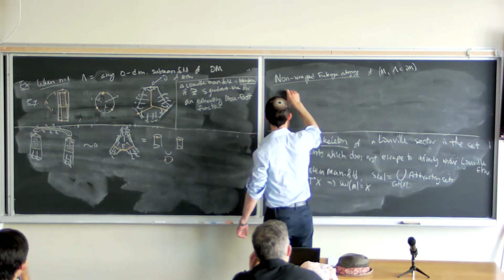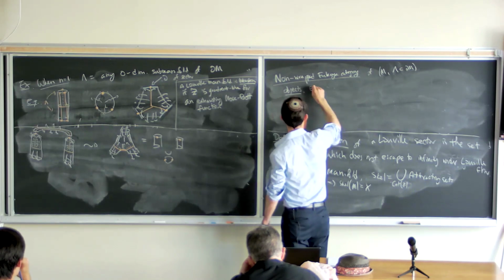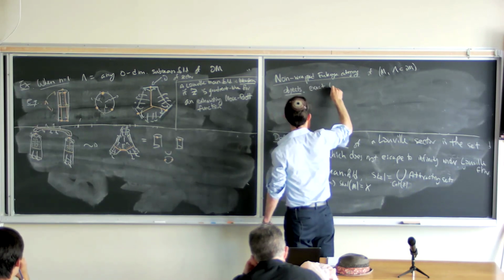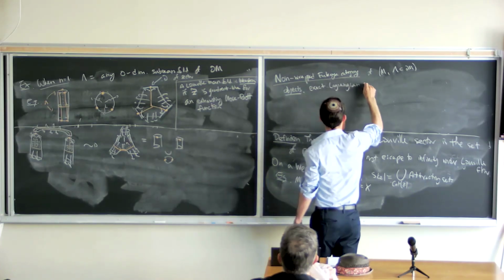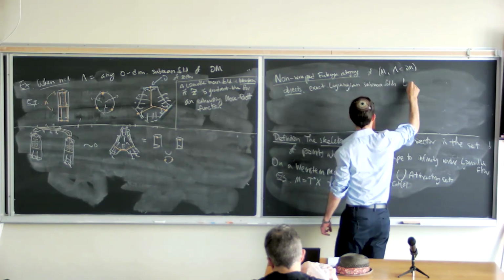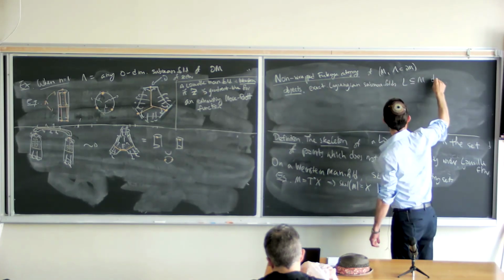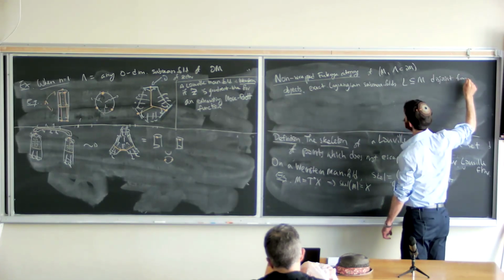So the objects are going to be exact Lagrangian submanifolds L inside of M, disjoint from lambda.